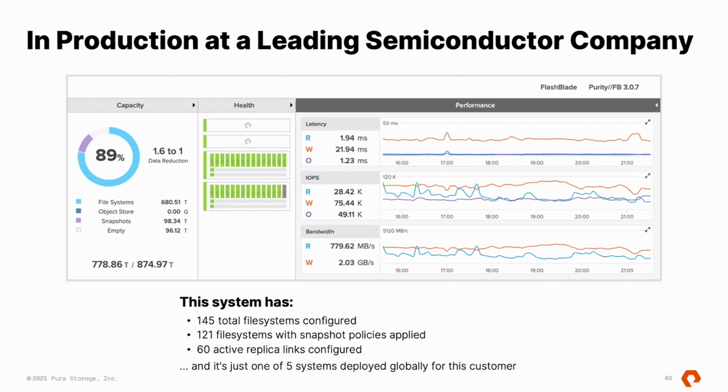And about half of the file systems with snapshots are replicating those. So they have different types of data and different workflows in their overall environment. They've got these layers of different protection, and they're driving a pretty good change rate, averaging a couple of gigabytes a second on this system. And this is just one of 5 that they have deployed globally at just this one customer.